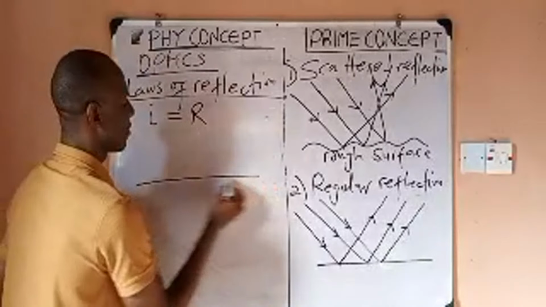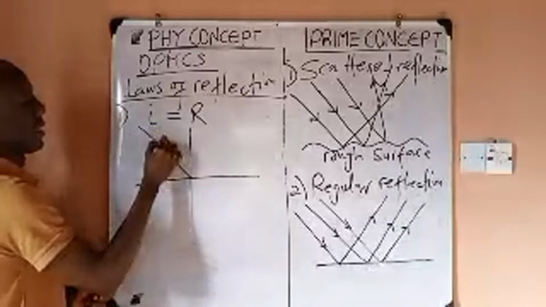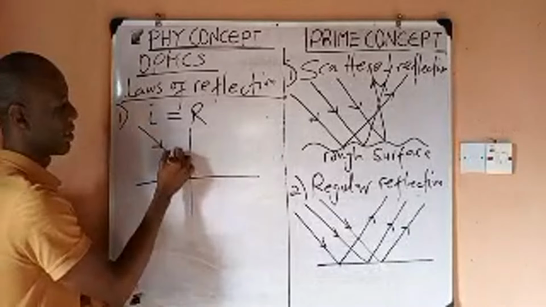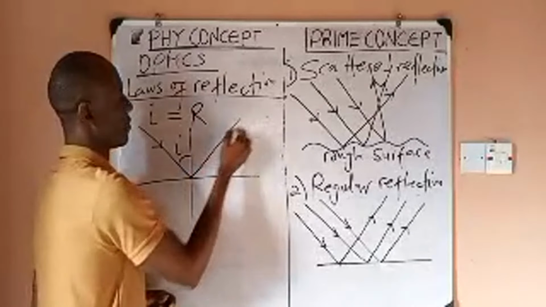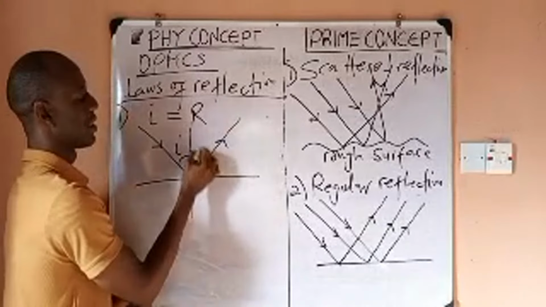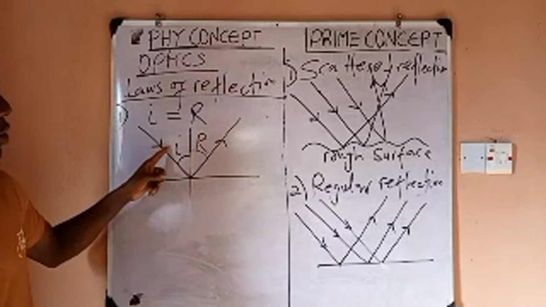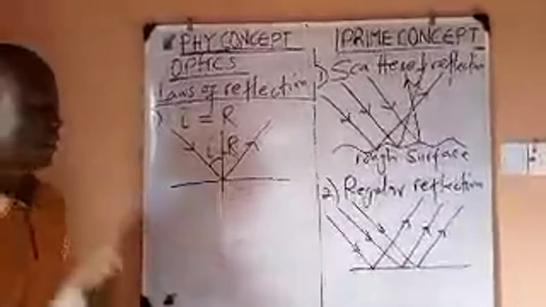Now say I have a surface like this, and this is my incident ray, and this is my angle of incidence. Then this is my reflected ray, and this is my angle of reflection. What this is saying is that these two angles would always be equal. Now watch.